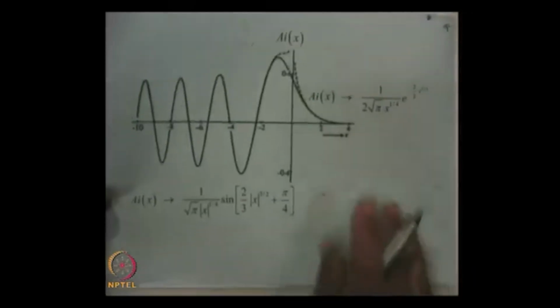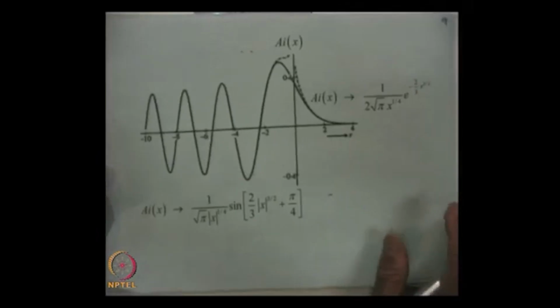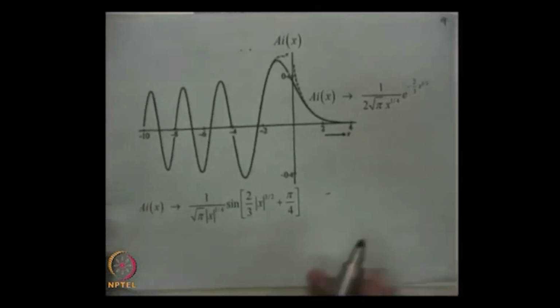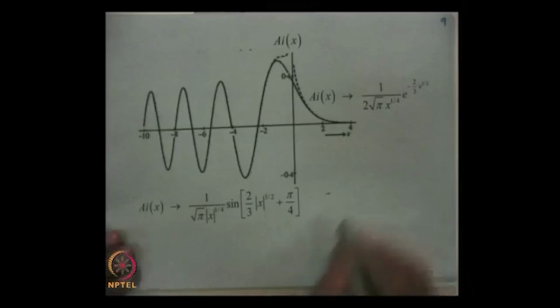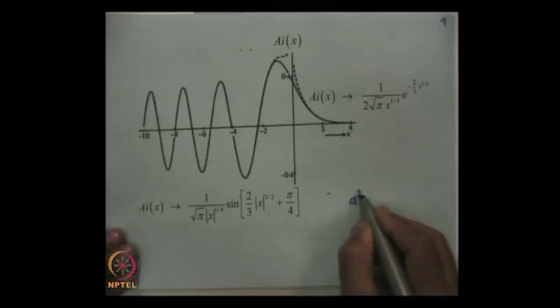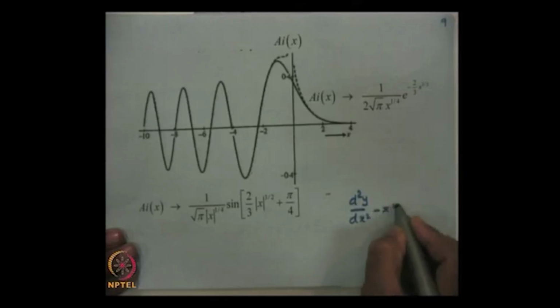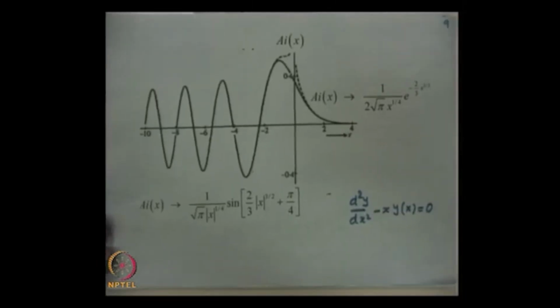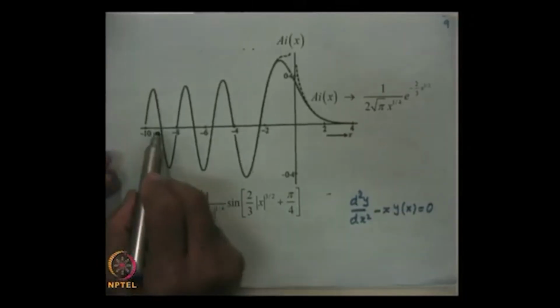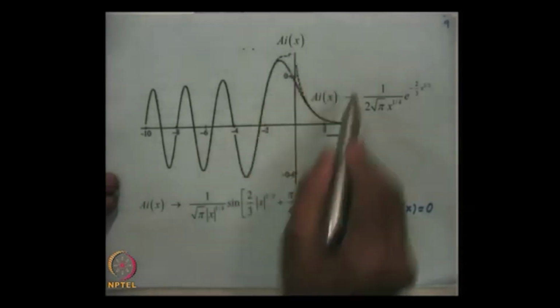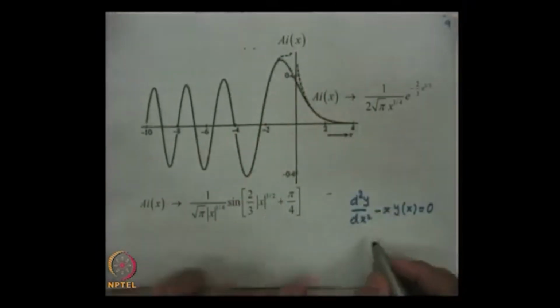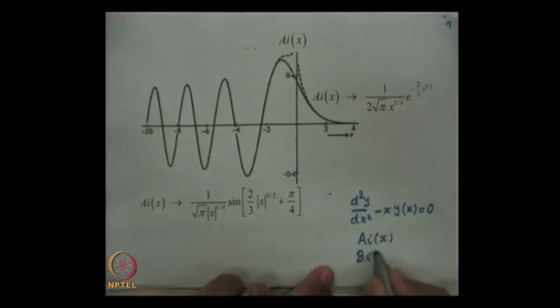Now, the Airy functions have the solid line. You see, actually this is not in terms of z, this is the solution of the equation d2y by dx square minus x y of x. So, please replace z by x. The two independent solutions are Ai of x and Bi of x.